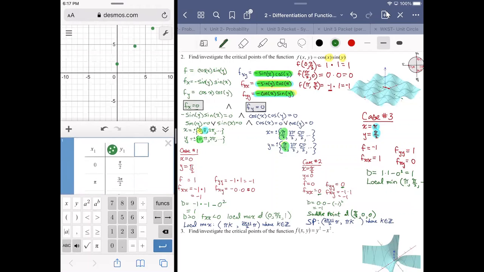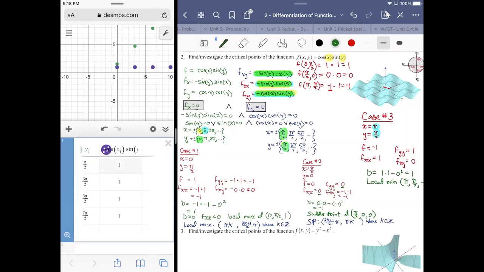What I could do is I could just pop in my relation here and say cosine of x, sine of y. So x1 specifically, cosine x1, sine y1. All right, so it looks like in all of these cases we end up with a +1.